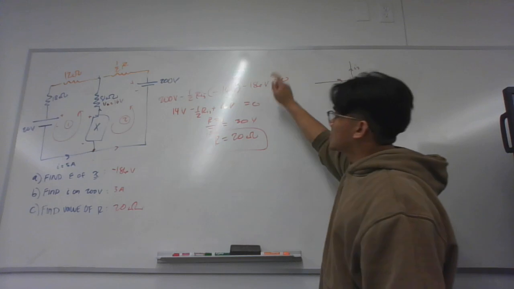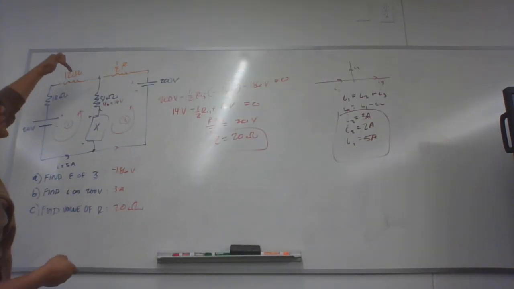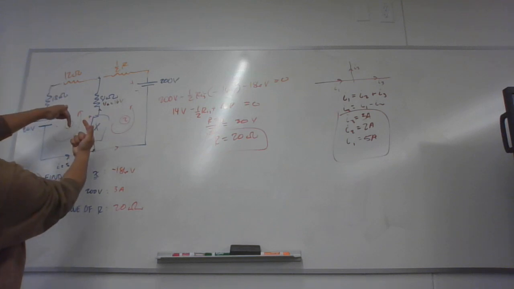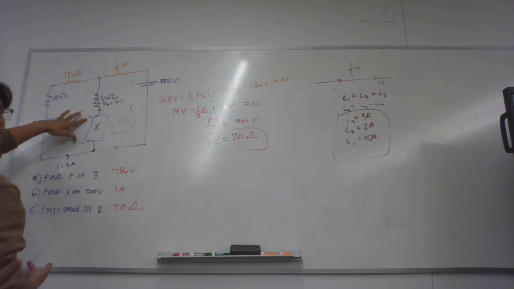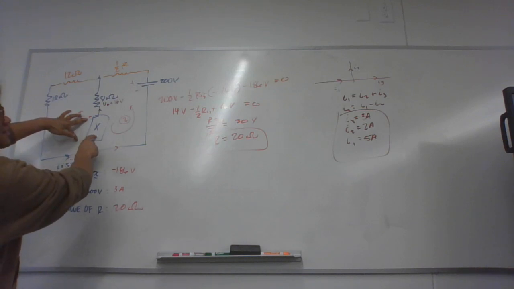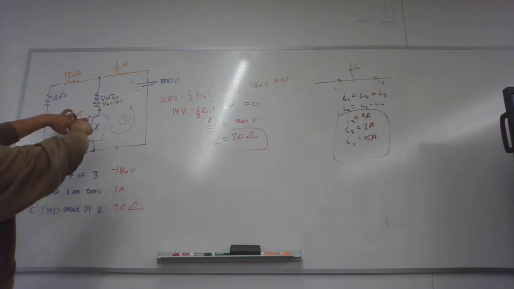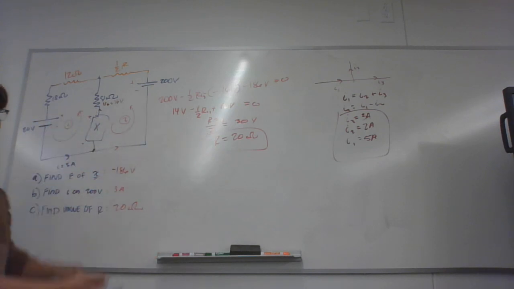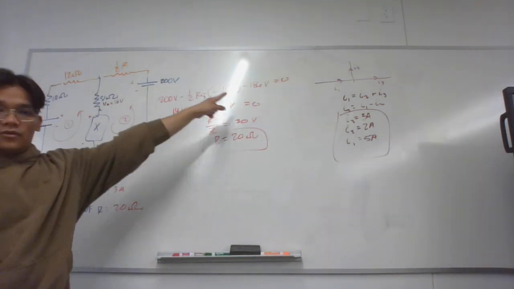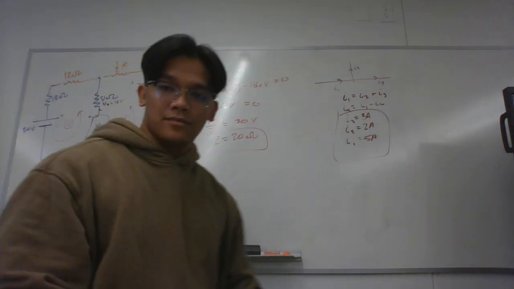So the reason why it's negative 186 here is because this is moving in the opposite direction. Since it's moving in the opposite way, we have a negative voltage drop. And since this is a negative 186 and it's flowing this way, it's going to be a negative times a negative times a negative, which is just negative 186. I think that's going to be the best way to describe loops. Okay, thank you.